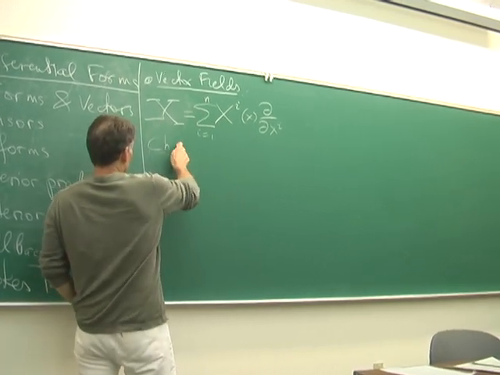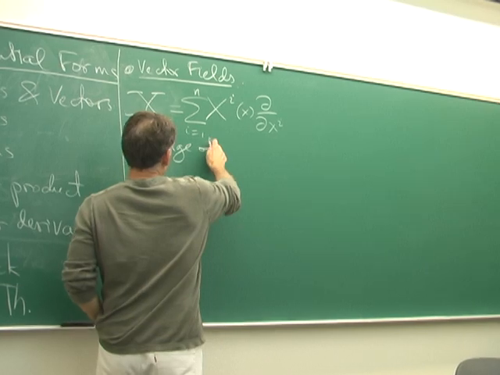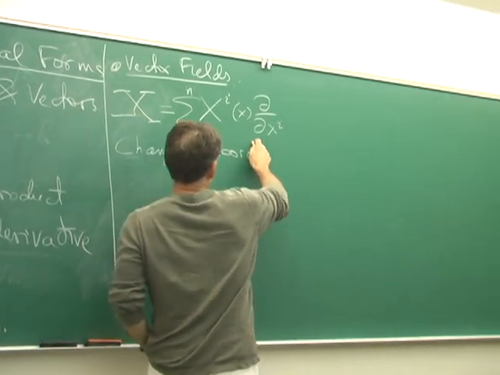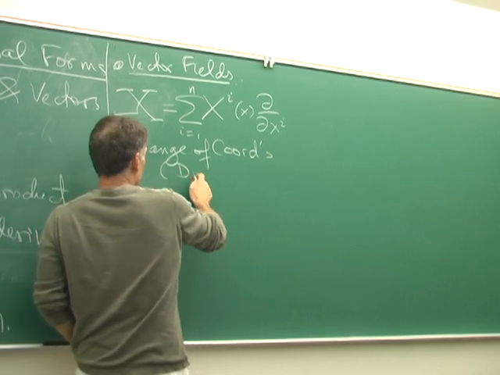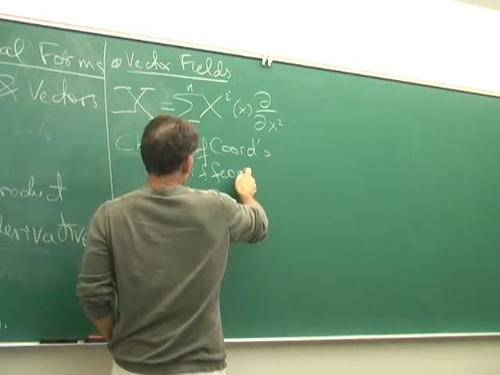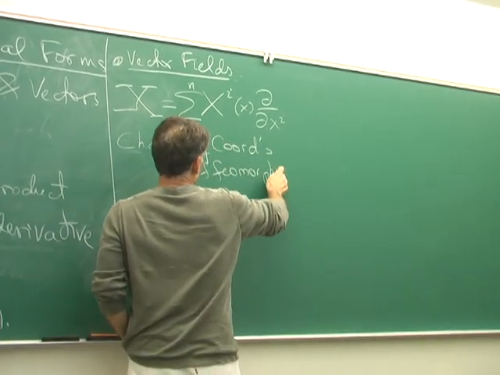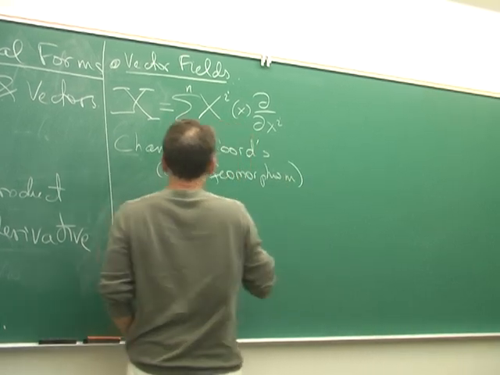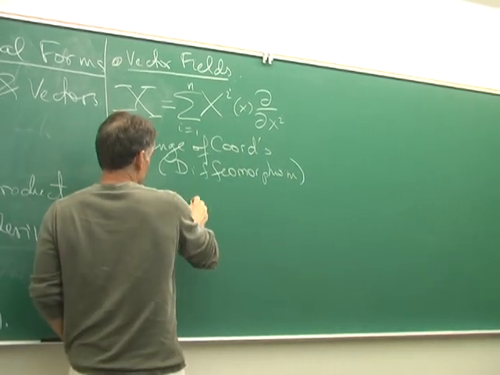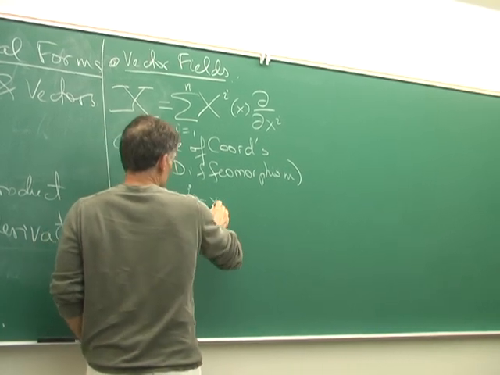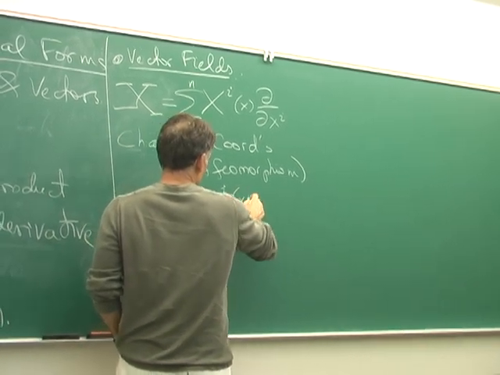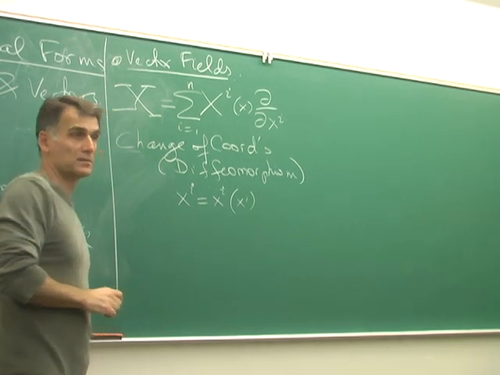So if you have a change of coordinates, if you want, we call it a diffeomorphism, then basically our x_i are functions of some other coordinates x prime.